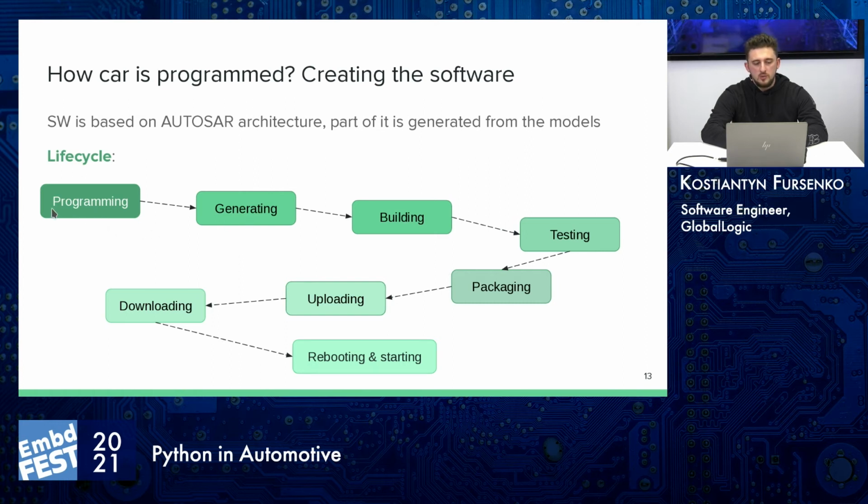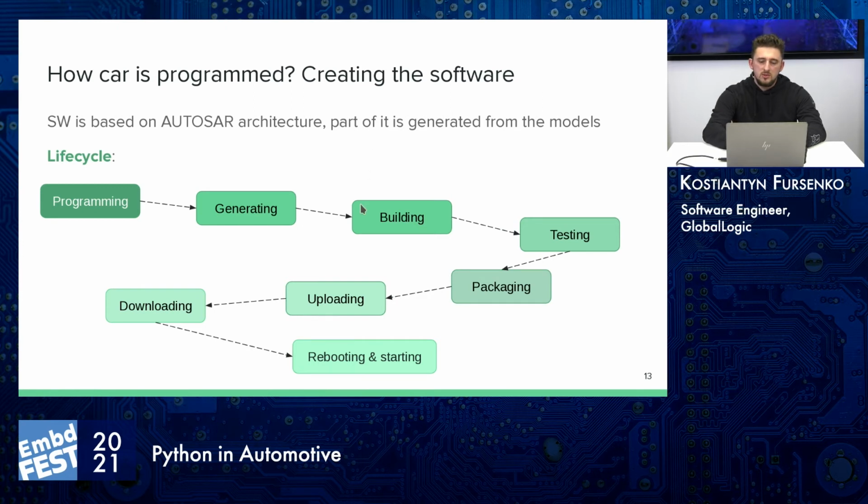We have a programming part, obviously. After that, we have code generation. A lot of code is generated automatically by some set of rules, by AUTOSAR architecture or some models.